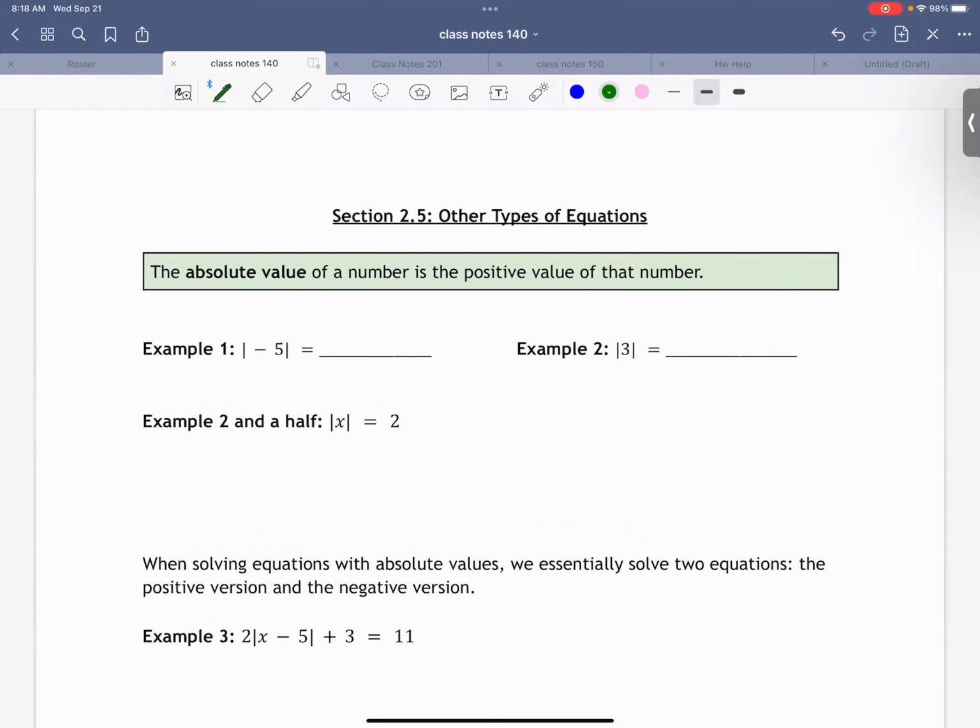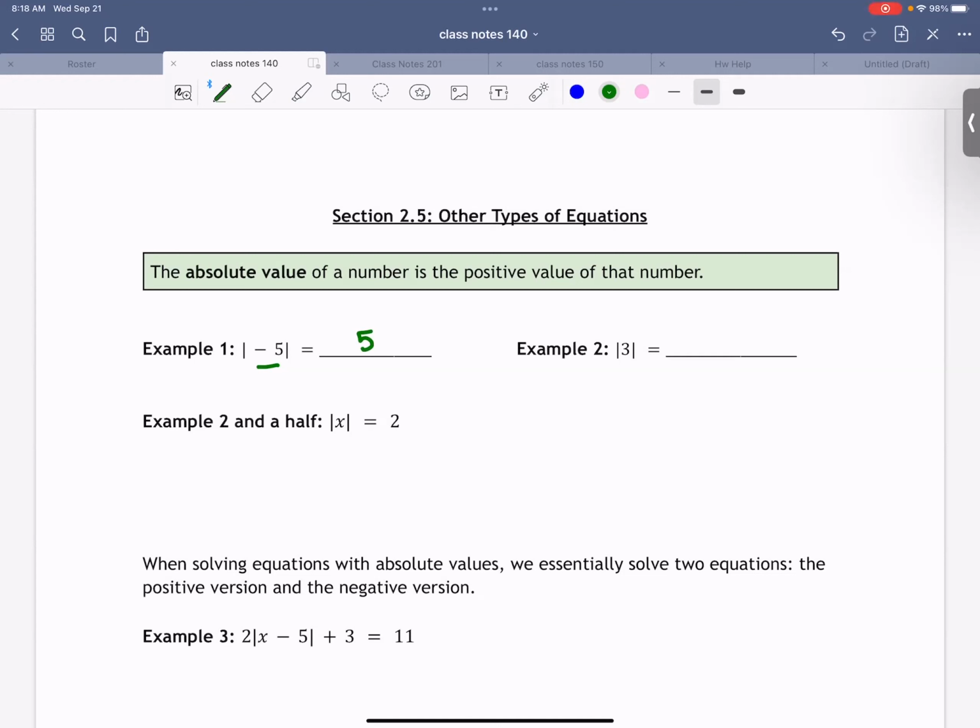The way we symbolize this is we'll take a number and stick two straight bars around it. So we'll take -5 and stick two straight bars around it. If the absolute value is the positive version of a number, what's the absolute value of -5? Positive 5, good. So literally just make that number positive.